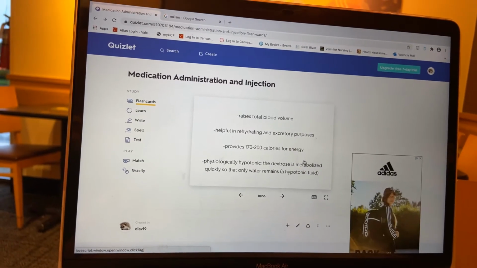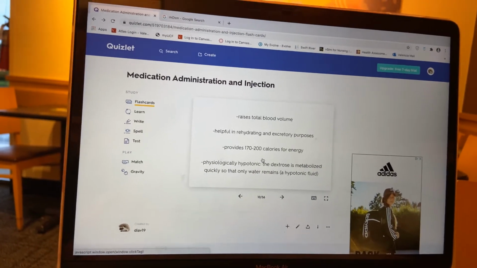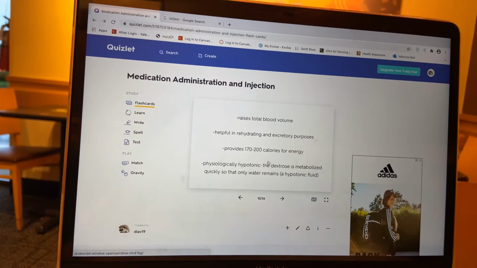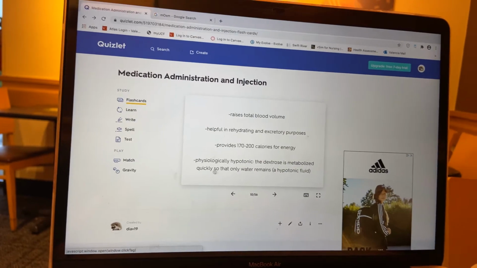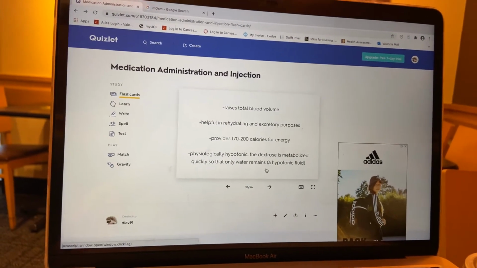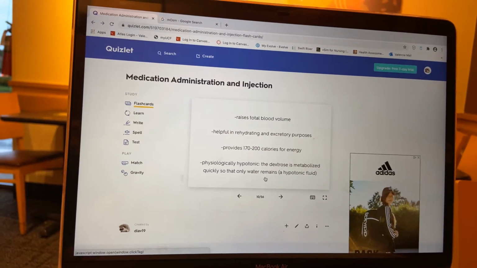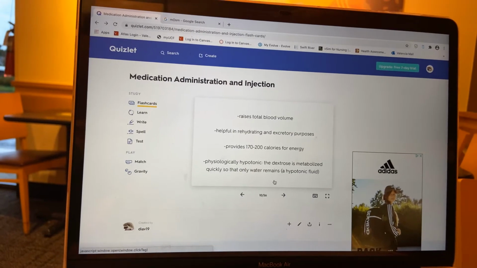It's helpful in rehydrating and excretory purposes. It provides 170 to 200 calories for energy, and it is physiologically hypotonic because the dextrose is metabolized quickly so that only water remains, and that's a hypotonic fluid.